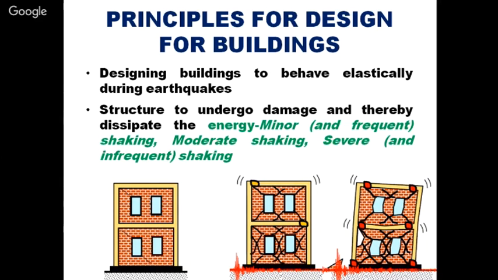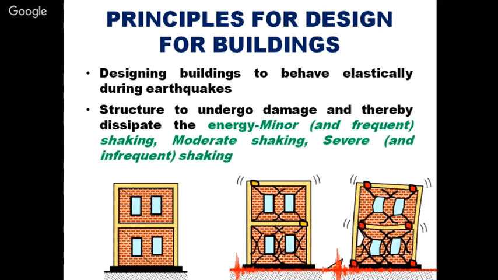When we design a building, we need to take care that the building has a minimum stiffness so that during minor earthquakes no damage occurs, during moderate shaking small damages may occur, and during severe earthquake shaking we will have some structural damages, but not collapse.